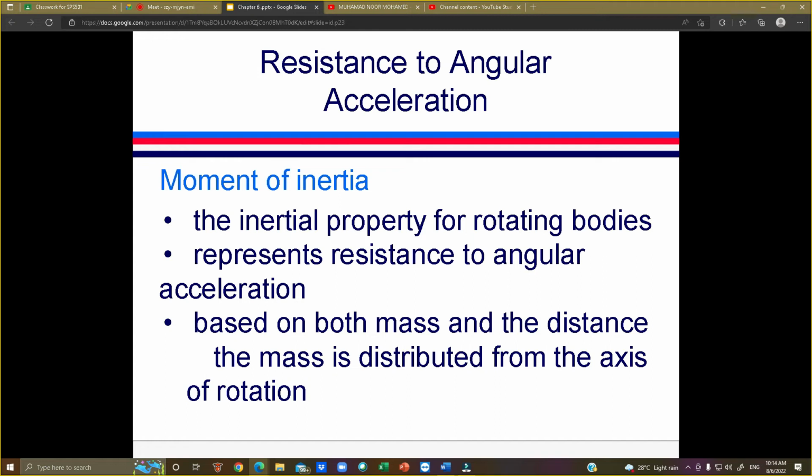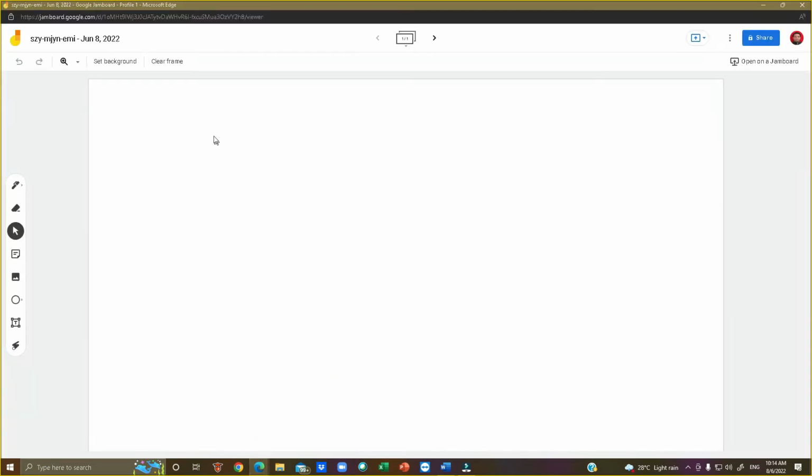Jadi apa yang kita nak buktikan dekat sini ialah when we do rotational action. Okay, let's say we take example of our own hand lah. We take the hand holding an object.